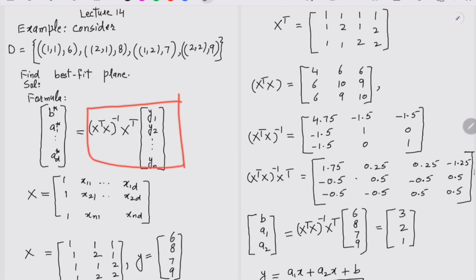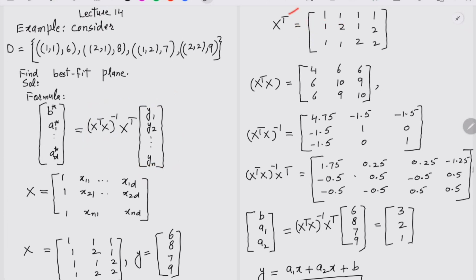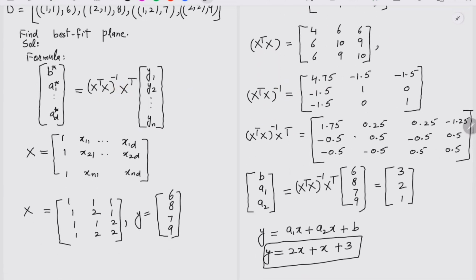We have to find X transpose first, which is very easy to obtain from X. Then we have X transpose X. We multiply the transpose with the given X. Then we take the inverse of X transpose X, which I already obtained from MATLAB.